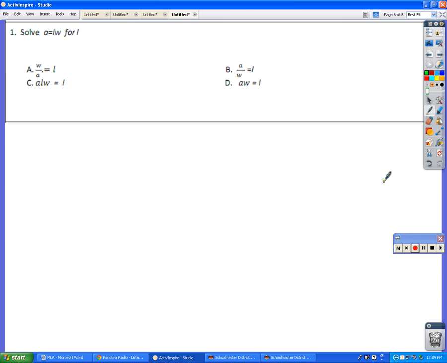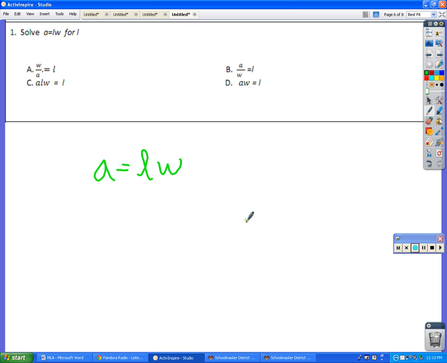Okay, changing gears here a little bit. We have a formula that has only letters in it. That's actually an L, not a 1. I know it looks like a 1, but it's an L. So it says solve A equals L times W for L. So I need to get the L by itself.